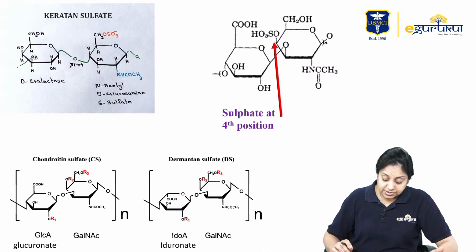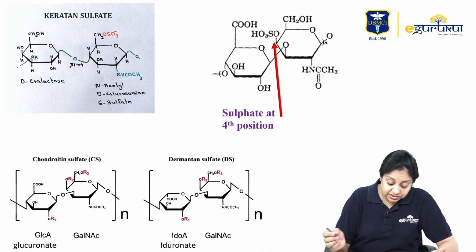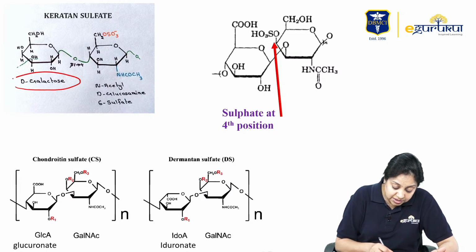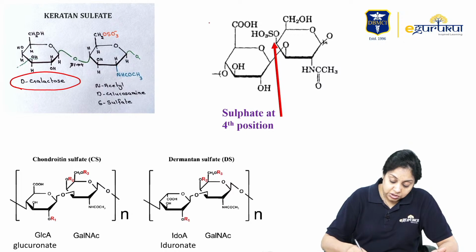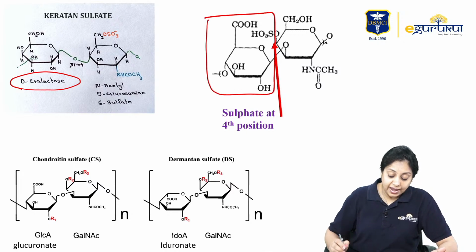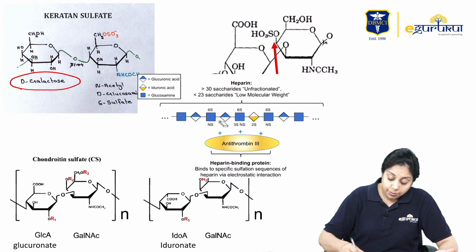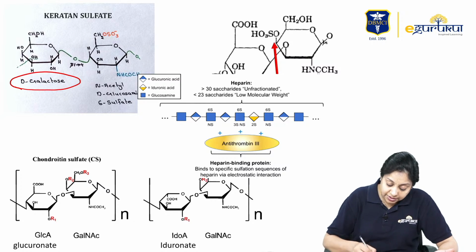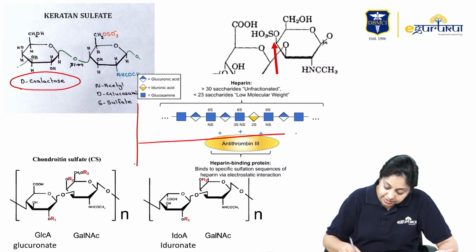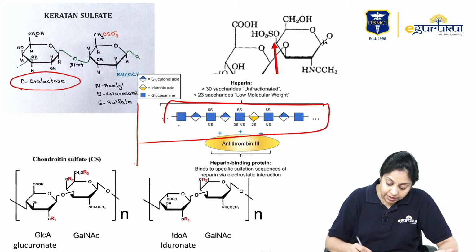The other choices: one is keratan sulfate. In keratan sulfate, you must see the galactose here. So this should be a galactose ring. That is keratan sulfate, right? And heparin we know is the polysaccharide unit, right? And this polysaccharide has this kind of pattern: glucosamine, glucuronic acid, then glucosamine, then glucuronic acid, then glucosamine.